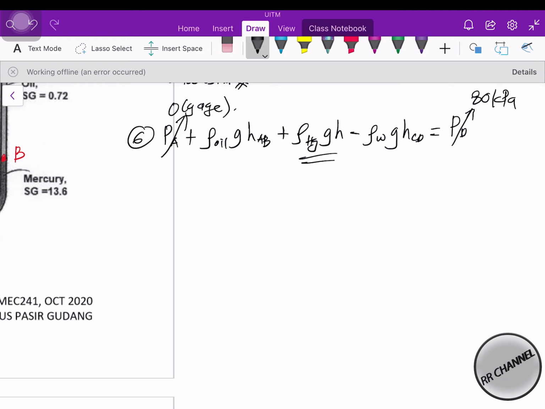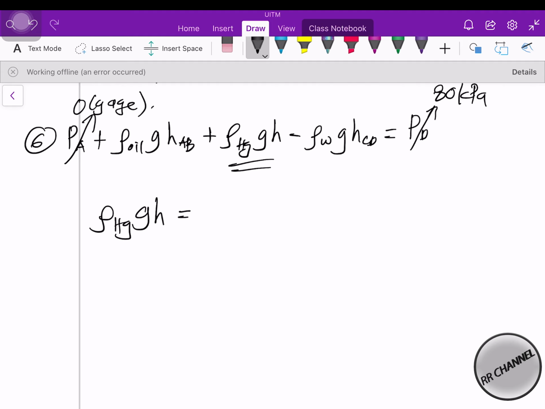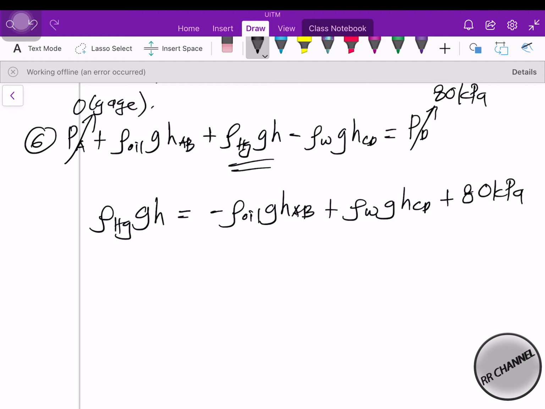Rho_Hg g h, with the mercury side on the left-hand side, equals minus rho_oil g h_AB plus rho_W g h_CD plus 80 kPa.